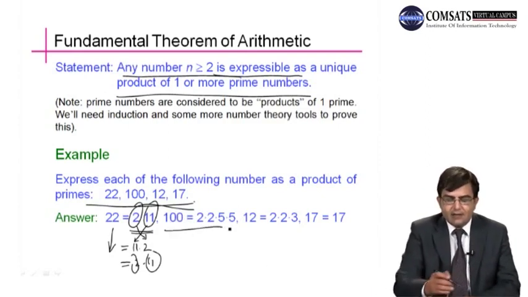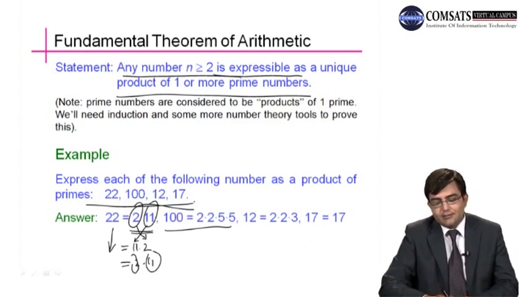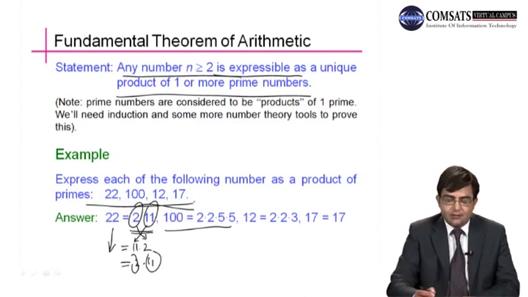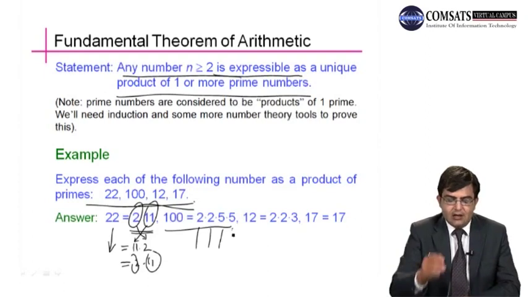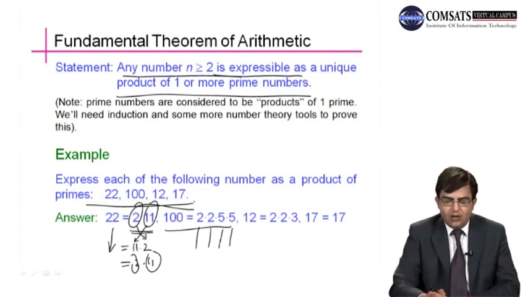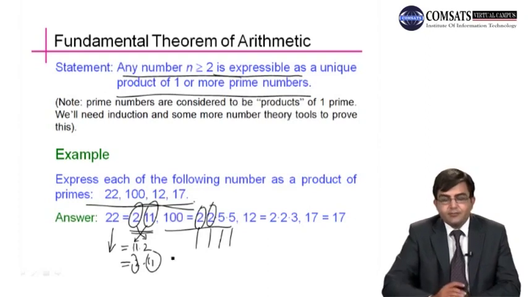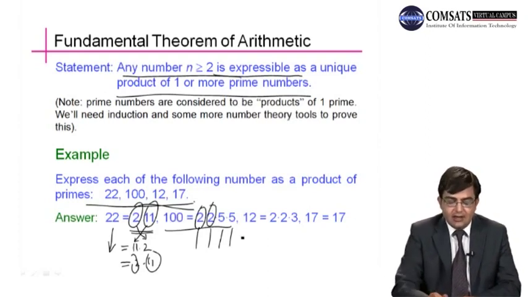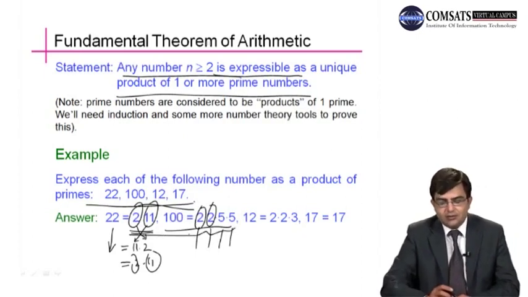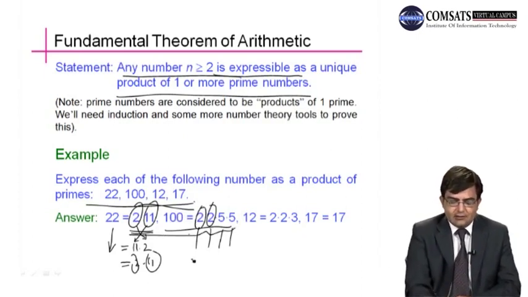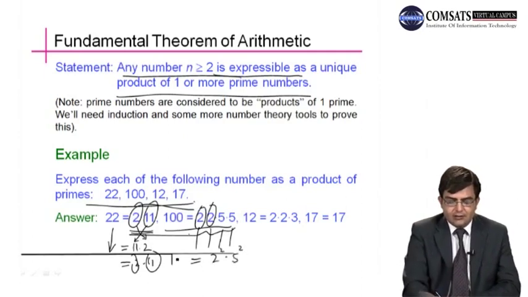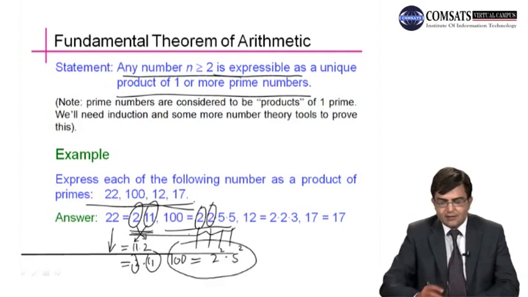So 100 again can be written as a unique expression. 100 has a unique expression in which prime numbers are multiplied. One prime number can appear more than one time in that expression. This is allowed. So we can write 100 as 2 power 2 into 5 power 2. So this 100 has this unique expression of the product of prime numbers.